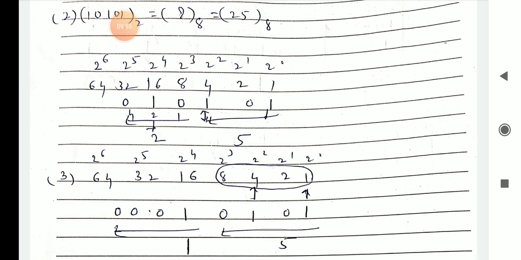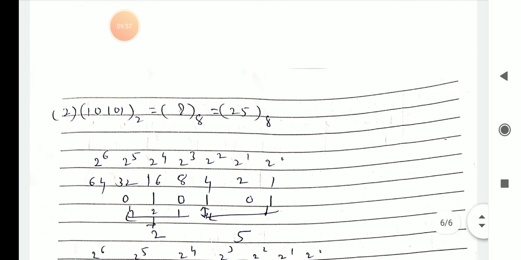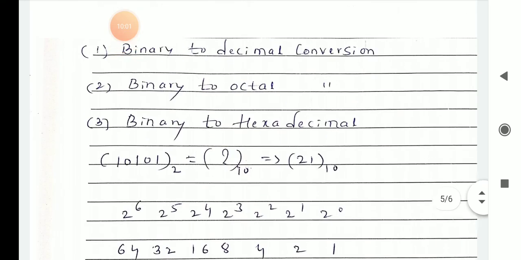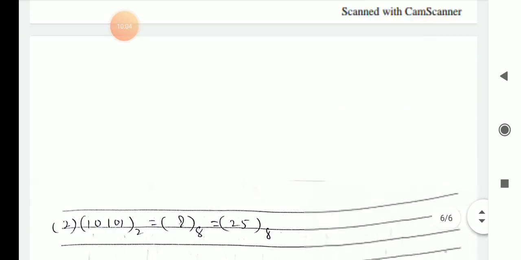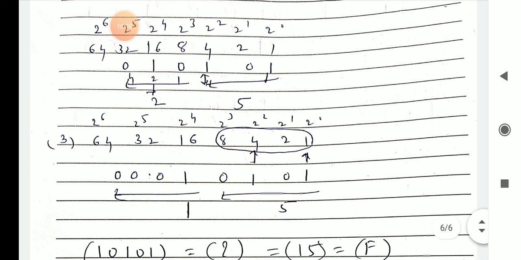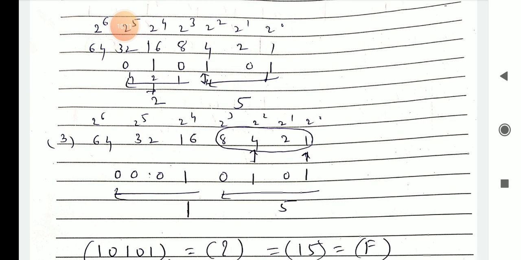Next one is binary to hexadecimal conversion. In binary to hexadecimal conversion, again 2 zeros are 1, up to 64. From right to left you use 1 0 1 0, then 1, then you add 3 zeros.